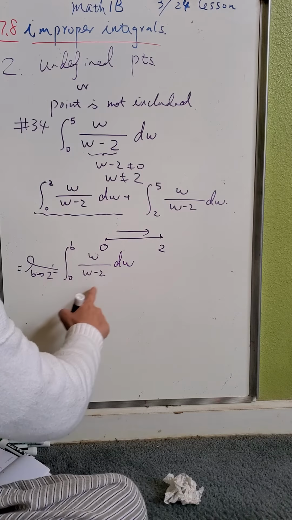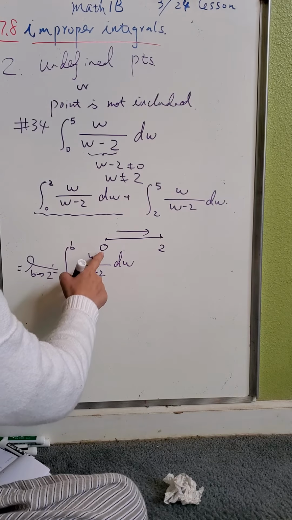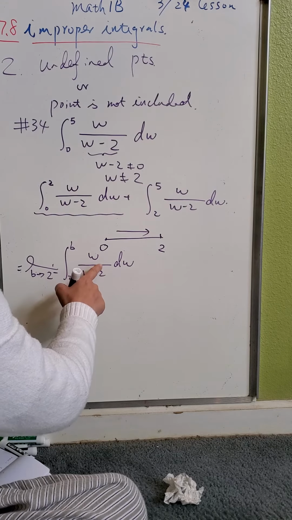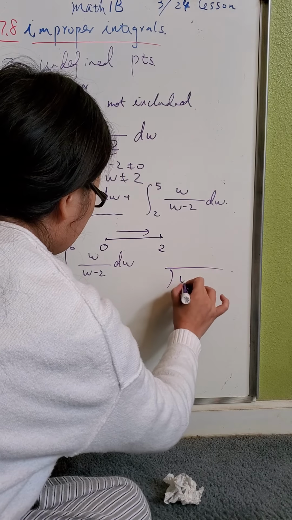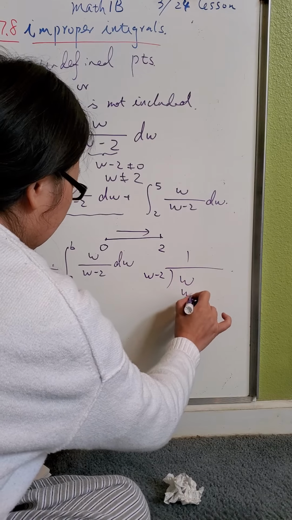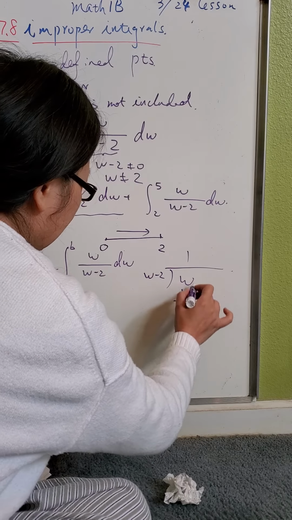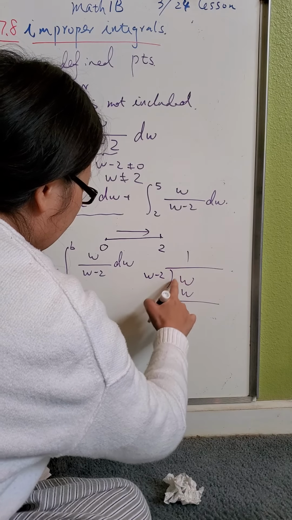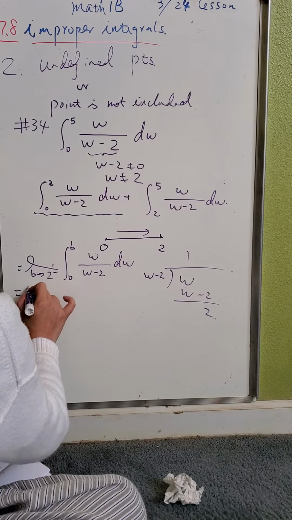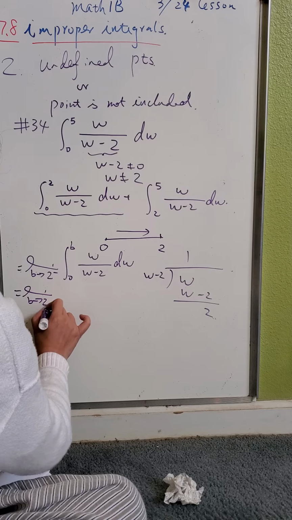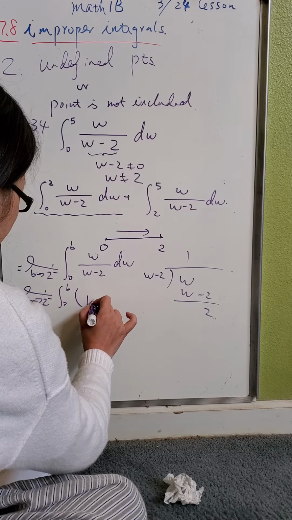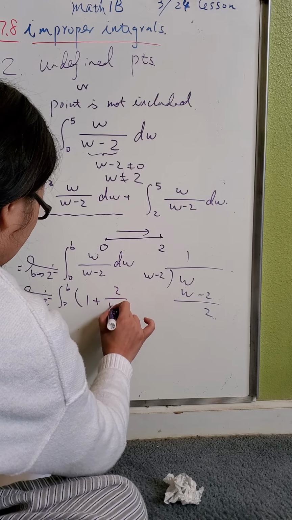Now here, same degree, we learned it in 7.4. I said just use long division. You put 1 here, and then that will be negative 2, so it becomes positive 2. So that becomes 1 plus 2 divided by W minus 2.